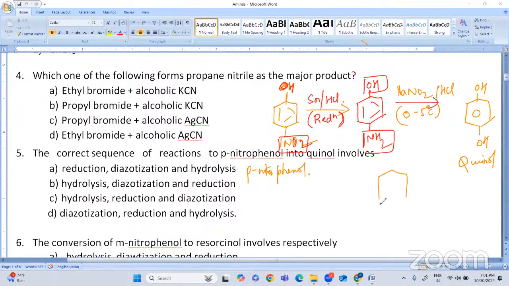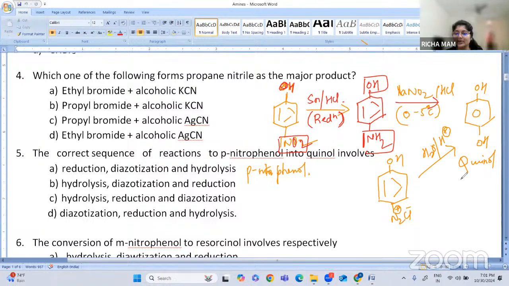So here OH and this will be N2+ Cl-. Now this diazotized product, if I heat it, if I do acid hydrolysis, I'm going to get a phenol.